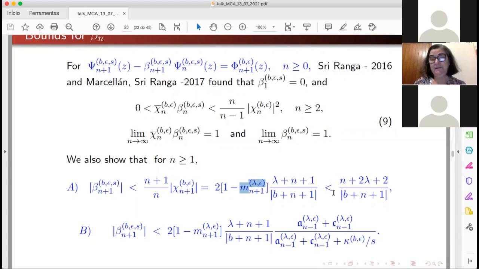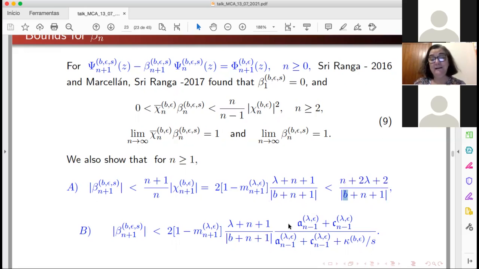We managed to improve it, not improve because here we have a bigger bound, but we could tell something using the fact that beta is here. For example, if we make eta go to infinity, this goes to 0.